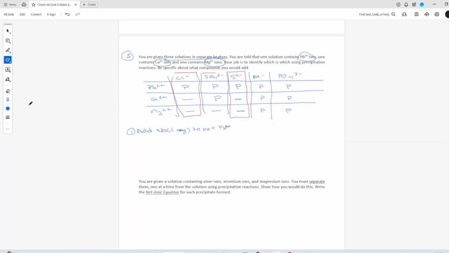So the precipitation is going to be that you are going to have the lead 2+, which is already floating around in solution, and when it meets the chloride, it's going to form lead chloride. Okay, perfect. So then we would remove that beaker.